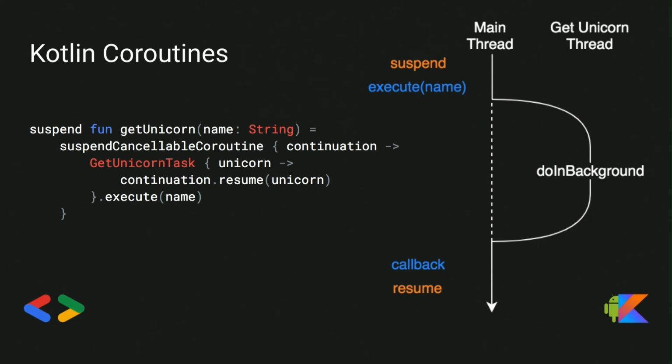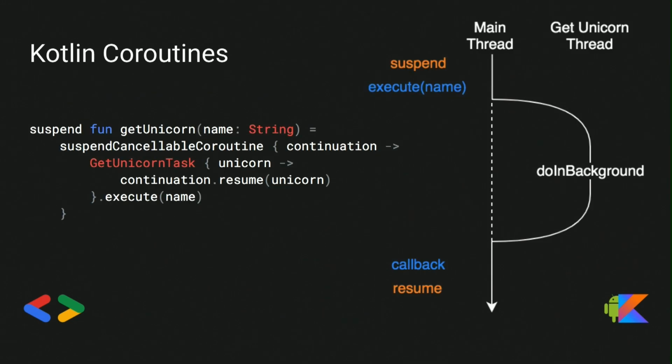When you think of the way the async task worked, it's kind of the same thing, but you don't have this dotted line, which helps you prevent the need for that callback. So at our call site, it just looks like a blocking call, but really we are going to the background and then effectively switching back right to where we were before and continuing execution without blocking the main thread.